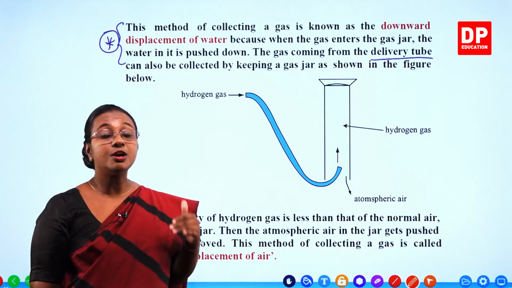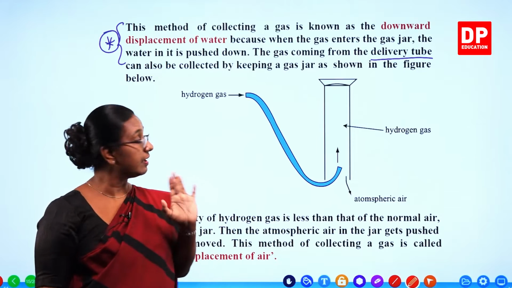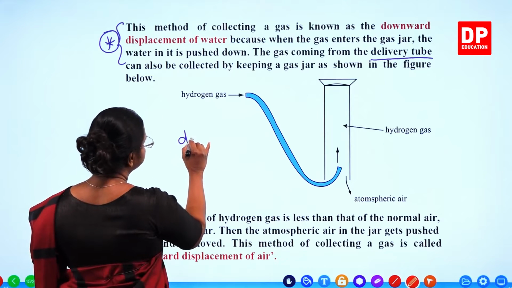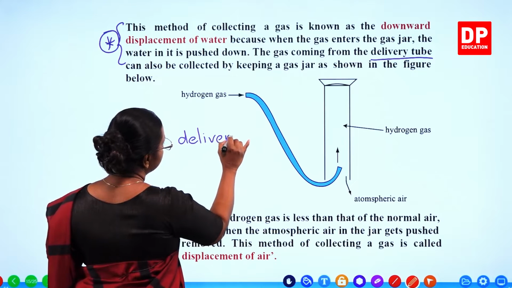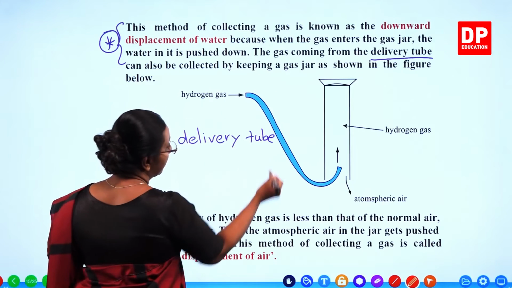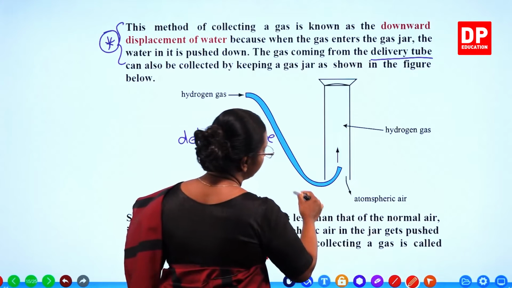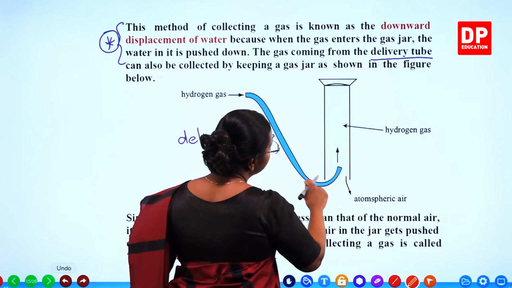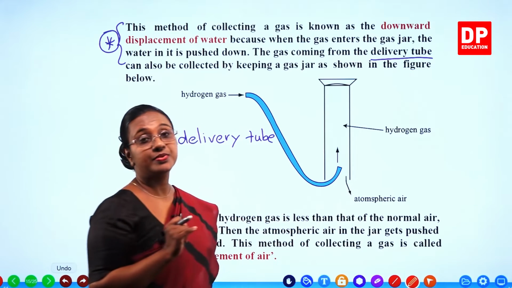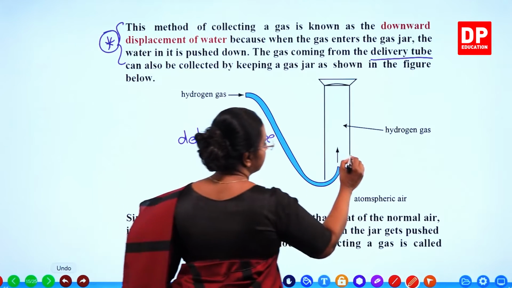That is, the density of hydrogen is less than that of air. So what we can do is, this is the delivery tube. Through that we pass hydrogen. We can allow it to go into a gas jar containing atmospheric air. So this is a gas jar.